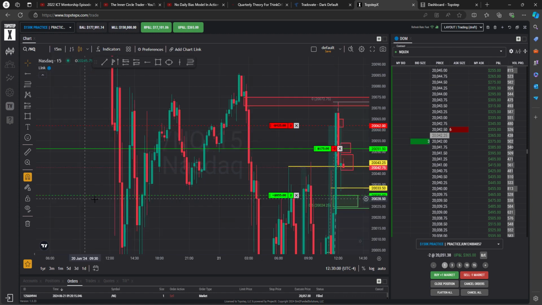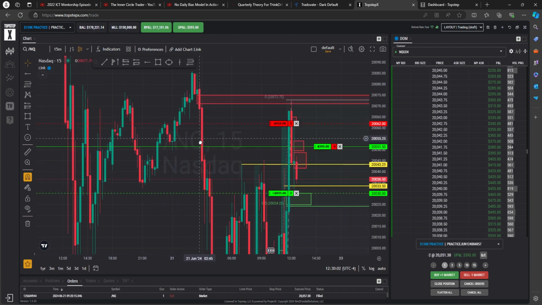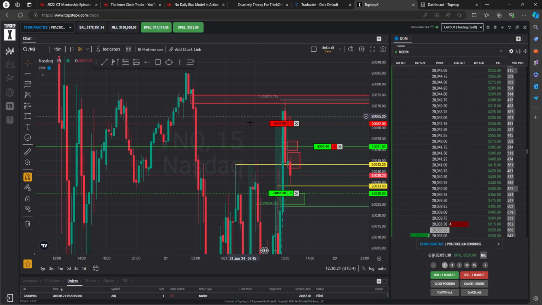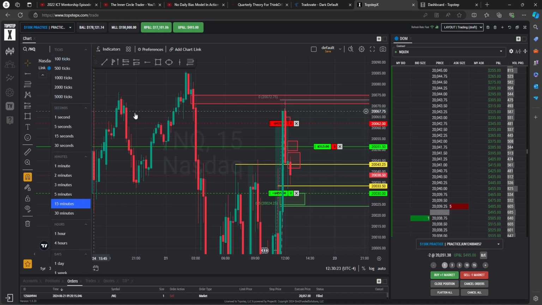Let me go ahead and see if I can find that. So yeah, I took first partials out here at the 47s. Then I took final position off at the end of the fair value gap, which was, I believe, 63, but I just took them off at 62 just in case we decided to reverse there. And it looks like we did have this other fair value gap that we wanted to get to before that. That's completely fine. We missed out on about like 8 points. That's nothing major.